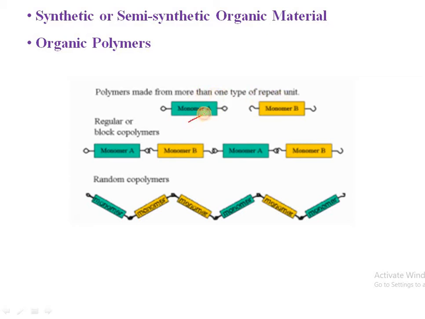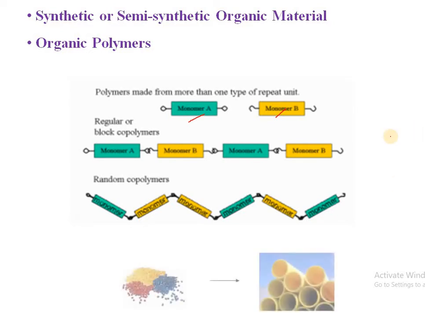So here you can say monomer A and monomer B. By joining monomer A and monomer B, you can form a regular or block copolymer, or a random copolymer structure. Initially the plastic is in the form of granules, and by heating and cooling or by several reactions on it, the plastic products are manufactured.